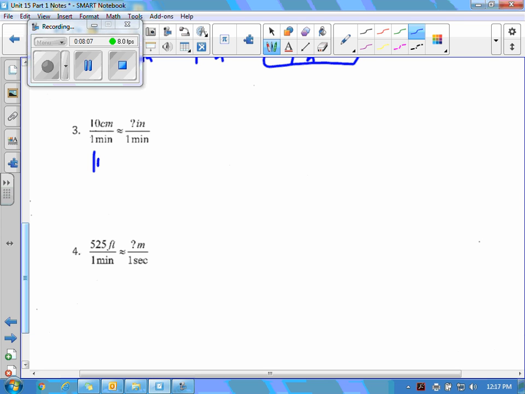So that's 10 centimeters over 1 minute. And now I need to convert centimeters into inches. So I know from a table in the book that 1 inch goes with 2.54 centimeters.